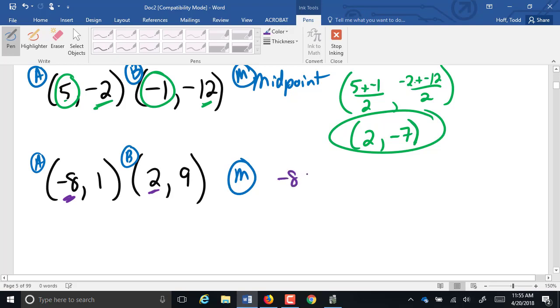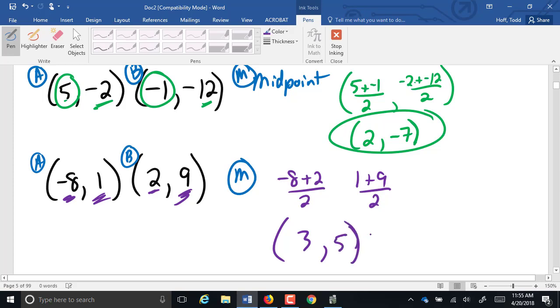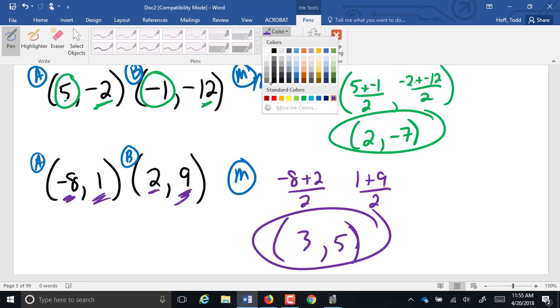So we've got -8 and 2, so -8 plus 2 over 2. -8 plus 2 is 6, divided by 2 is 3. For the y-coordinate, we use the 1 and the 9, the y-coordinates from our endpoints. So 1 plus 9 over 2. 1 plus 9 is 10, divided by 2 is 5. So we get that midpoint of 3, 5.